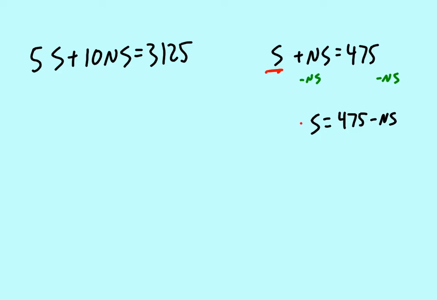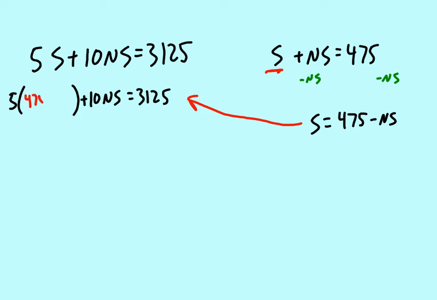I'm then going to take my s and bring that over here, and every time I see an s on the left, I'm going to substitute in 475 minus ns. So there's my 5s plus my 10 ns equals 3125. And in where my s used to be, I'm going to put in 475 minus ns.